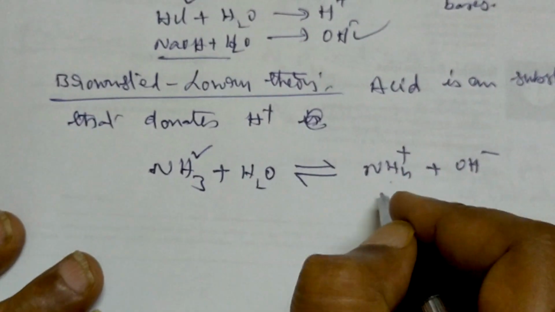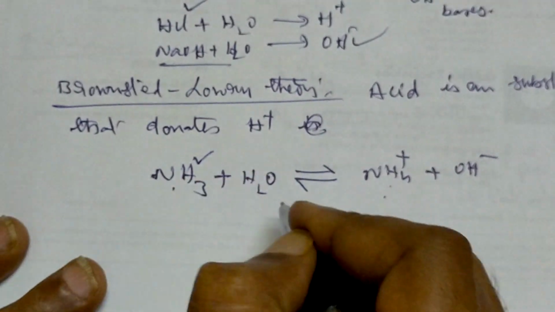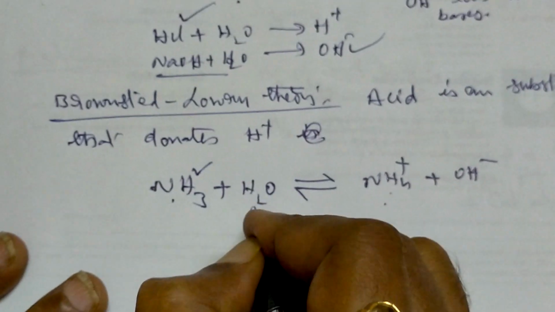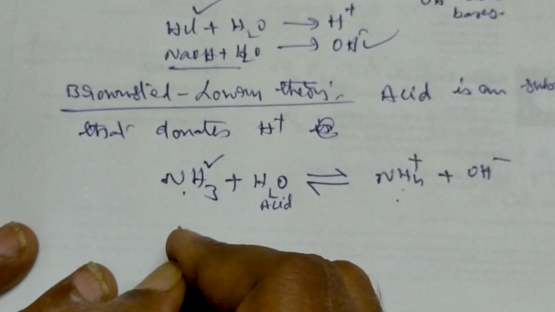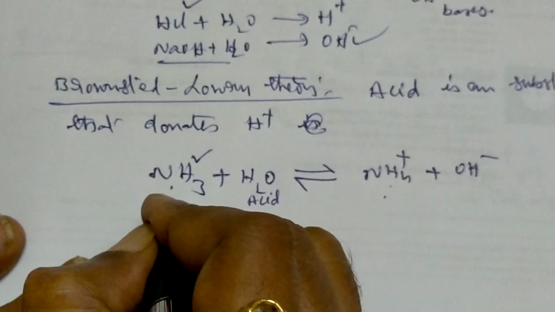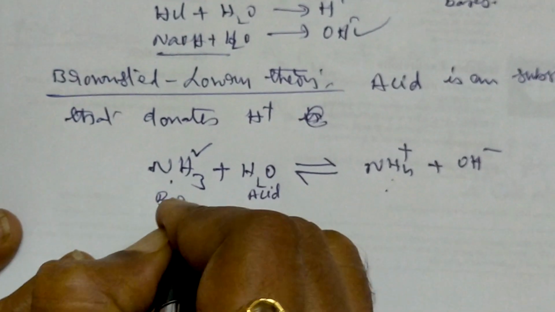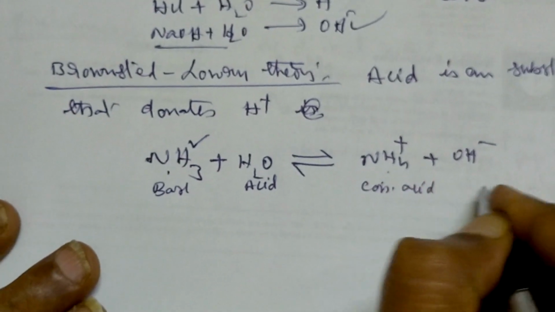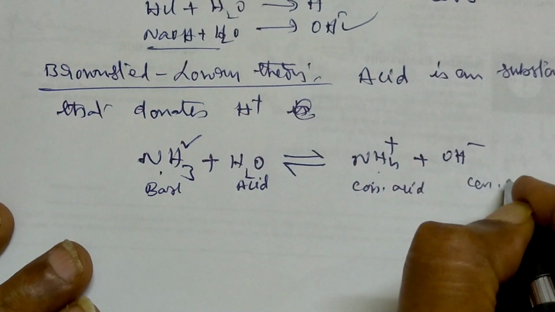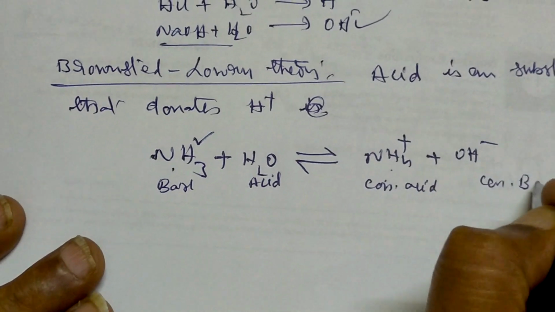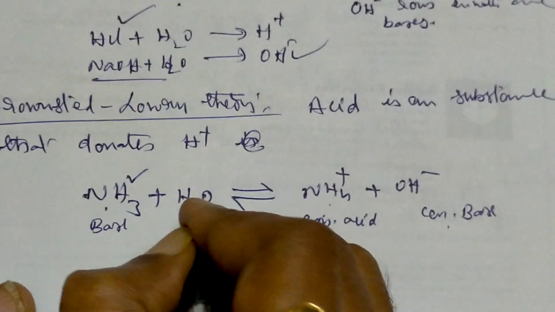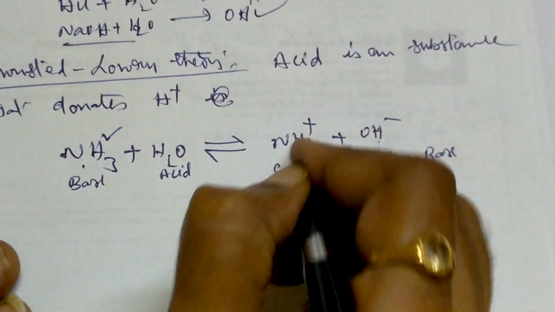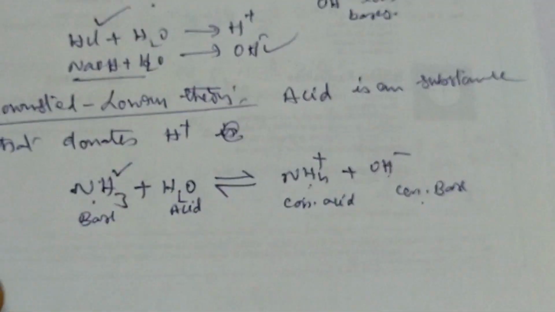Ammonium ion is the conjugate acid of this base. Interestingly, H2O is an acid, and ammonia is a base. This is a conjugate acid. This is a conjugate base. The conjugate base of water is OH minus. The conjugate acid of ammonia is the ammonium ion.